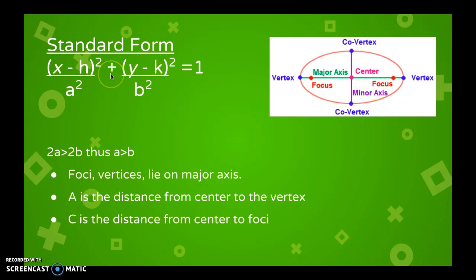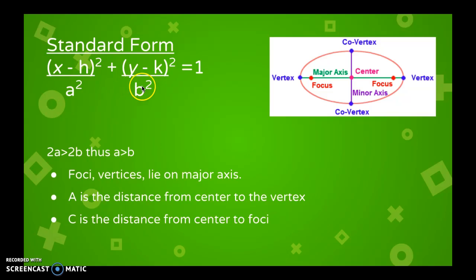I mention that because the major axis can sometimes be vertical. It's not always horizontal, and what determines that is which variable has the a squared, because a is the distance from the center to the vertex, and so a is always larger. So if we've got a squared under the x variable, that means our ellipse will be horizontal because it will be along the x axis.